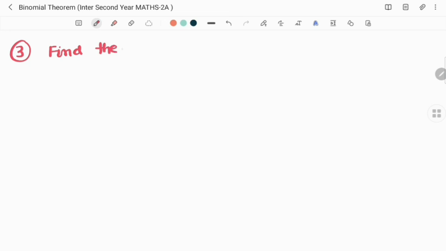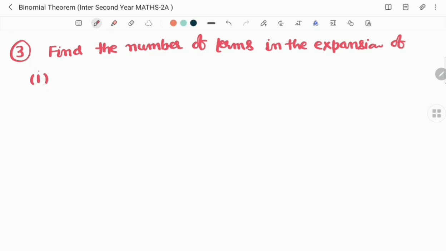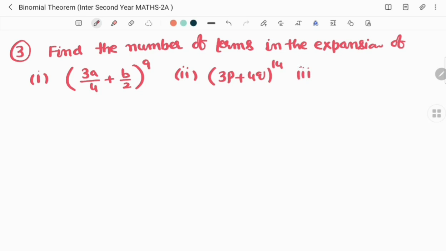Find the number of terms in the expansion of: one, (3a by 4 plus b by 2) whole power 9; two, (3p plus 4q) whole power 14; and the third question, (2x plus 3y plus z) whole power 7.